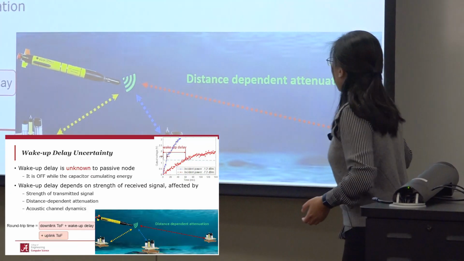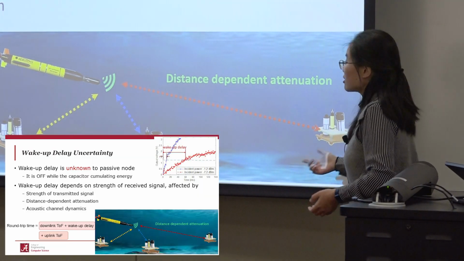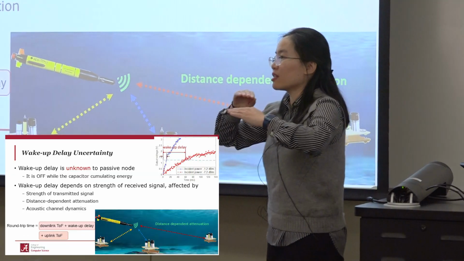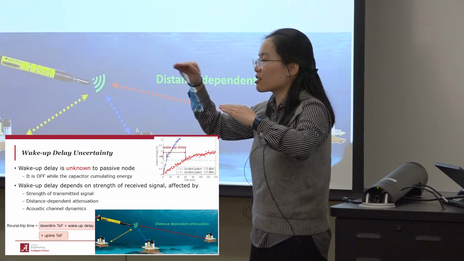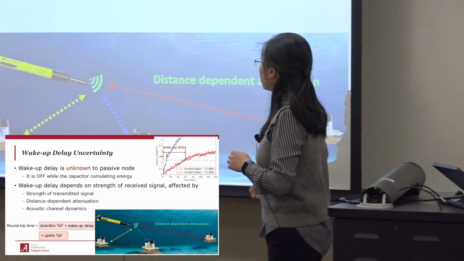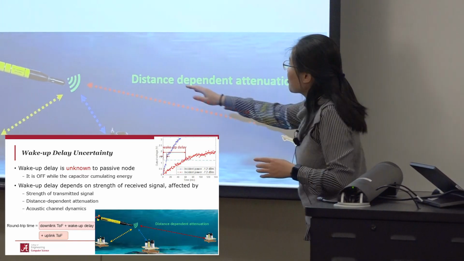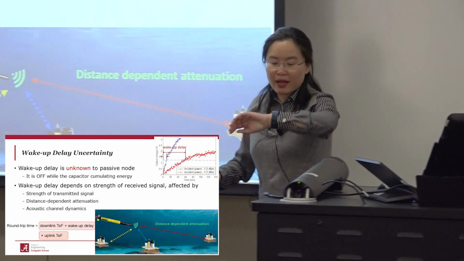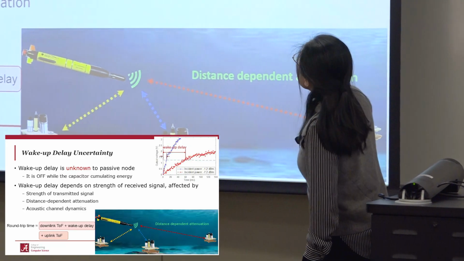But for a long-distance transponder, the signal it receives is weaker, so it will accumulate for a longer time in order to wake up the device. So this wake-up time is not fixed, but depends on the distance.